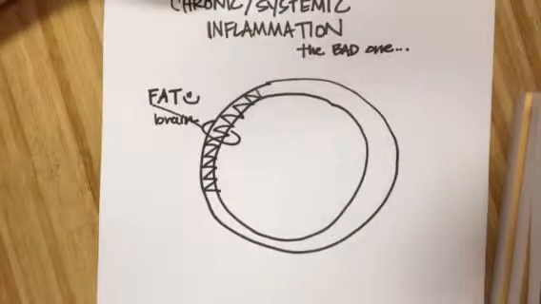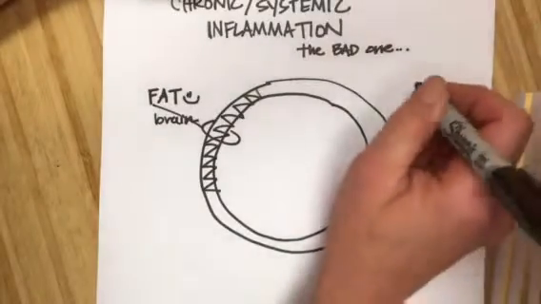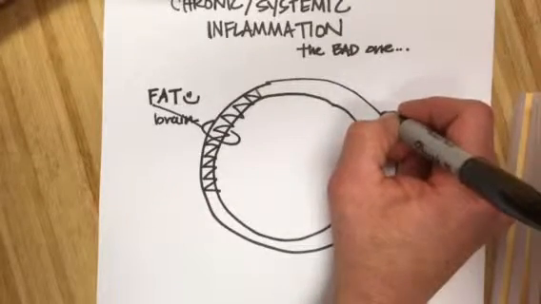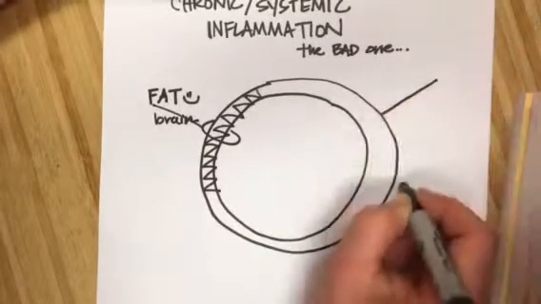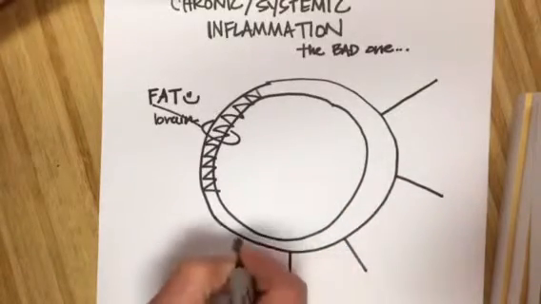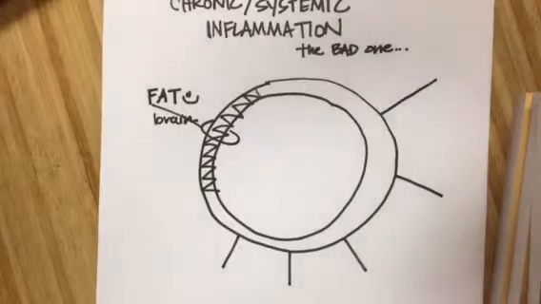Let's talk about some other really important parts of our cells. On the outside of the fatty membrane, I want you to draw spokes. These are, if anyone knows, you can shout them out.